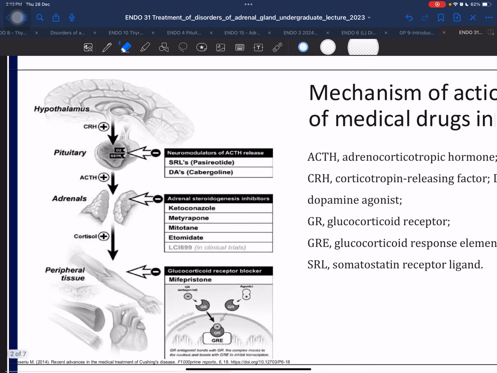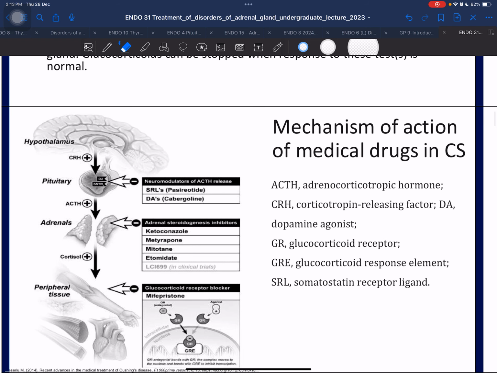Now, these are the types of medical treatment I've mentioned earlier in this slide, okay? So these are the examples of medical therapy that can be administered by the endocrinologist. So the first two drugs, pasireotide and cabergoline, they mainly act at the anterior pituitary gland, okay?